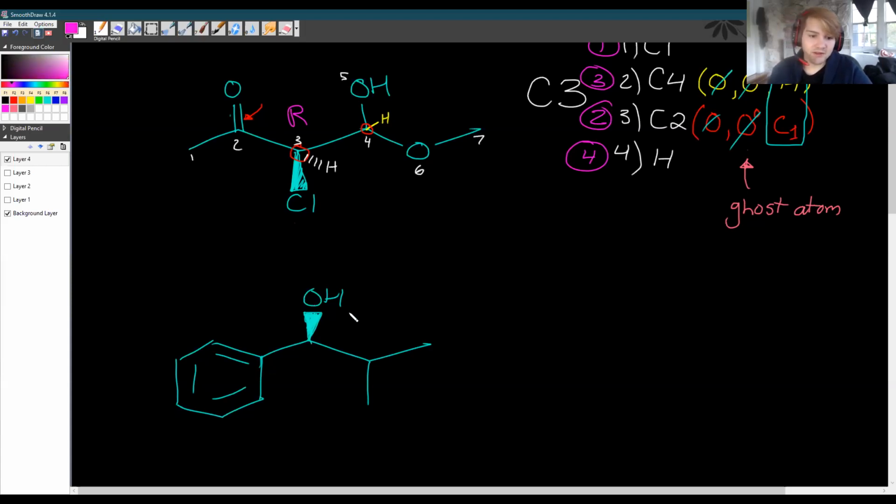So if we take a look at this, what we can say is, for the carbon that we care about, we have 4 groups. Let me do some labeling here. So for carbon 1, we have 4 groups.